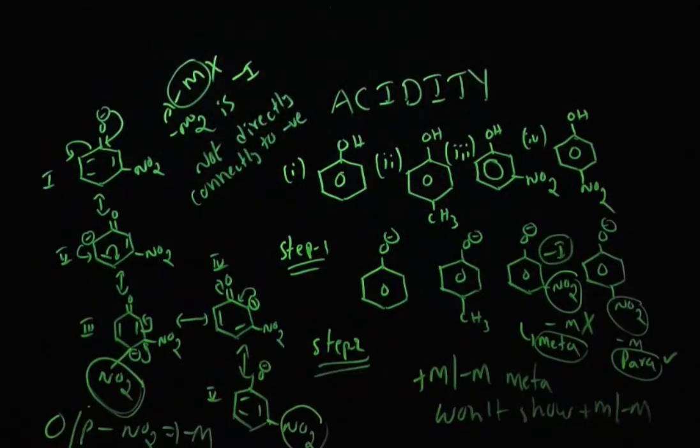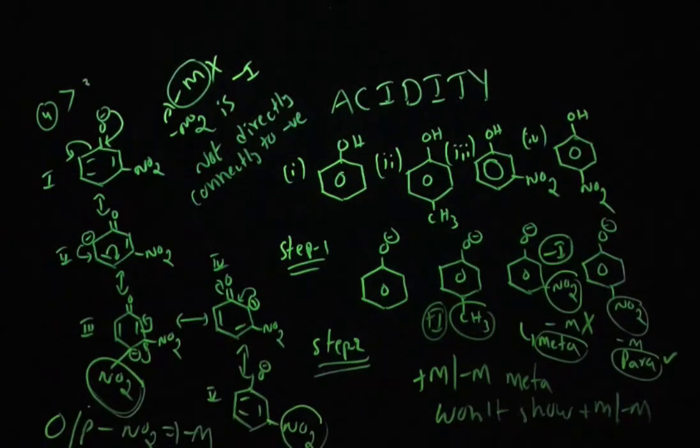Okay, we know that a minus M group is more dominant as compared to a minus I effect. So the stability order will be: the fourth one is more stable. Then we can see the CH3 group is there, which is a plus I group. Between a minus I group and a plus I group, the minus I group will stabilize the negative charge.